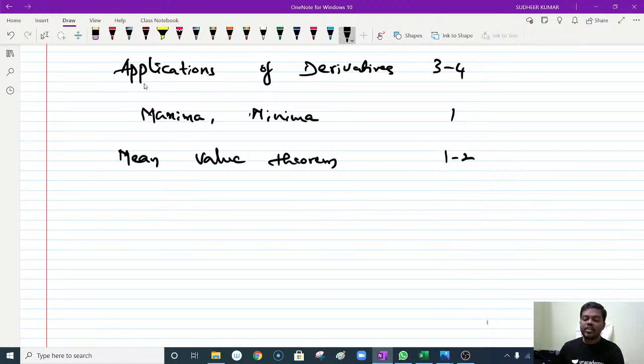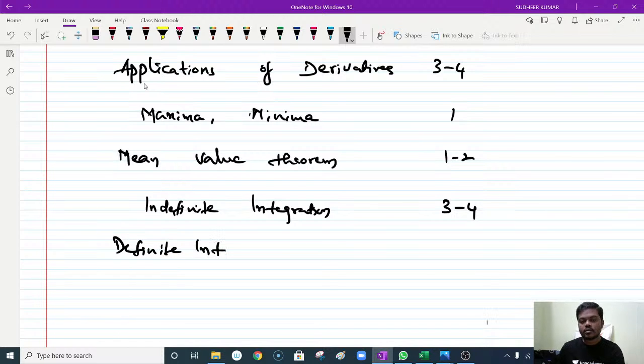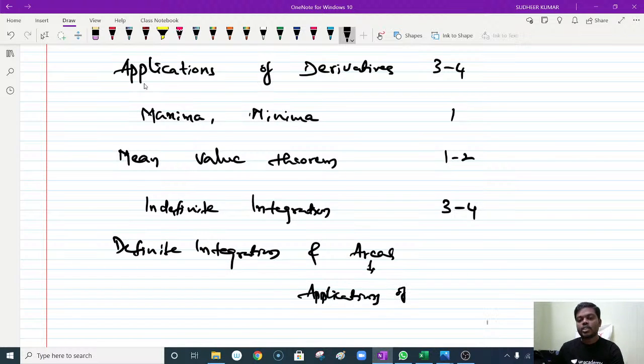Then we can go to indefinite integration. Indefinite integration is 3 to 4 marks. Definite integration and areas. Areas are also called applications of integrals.